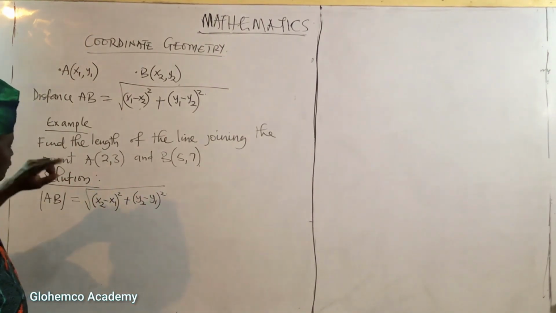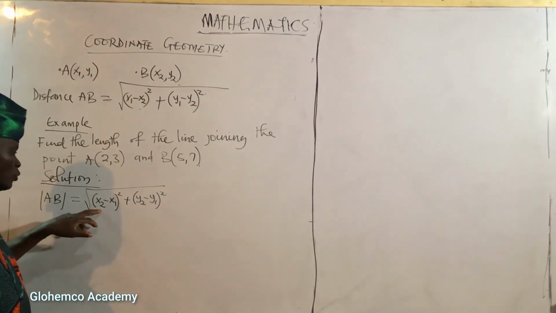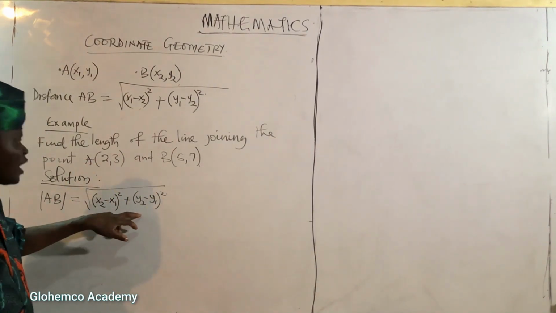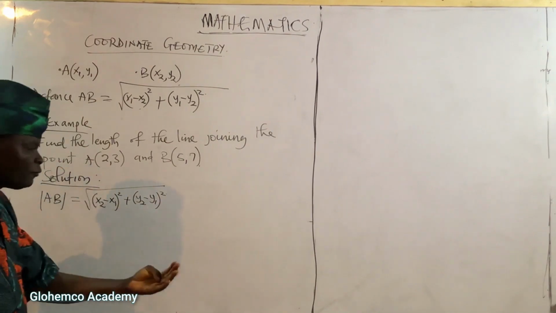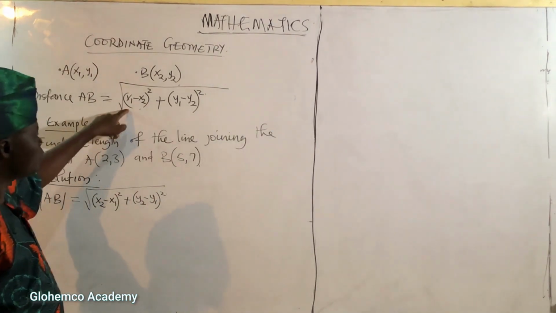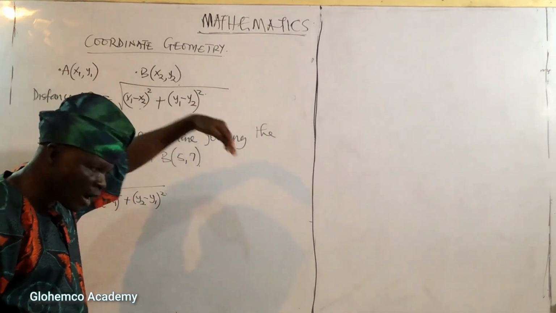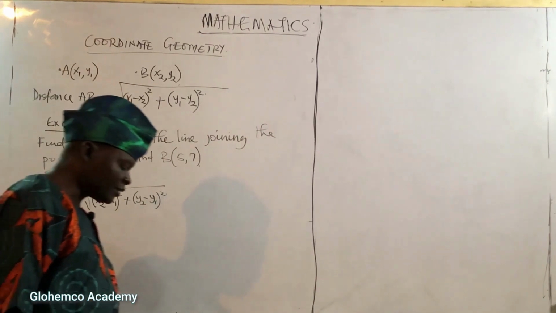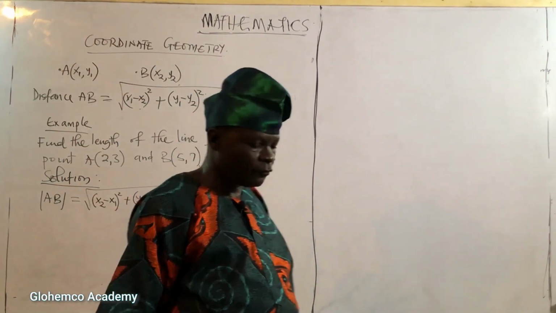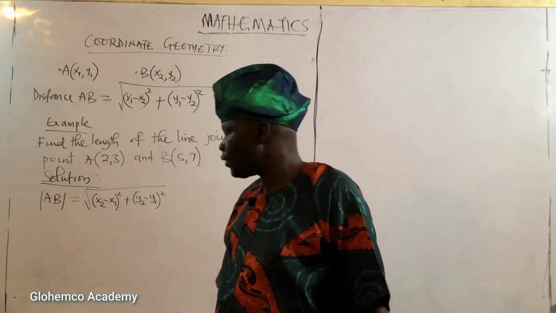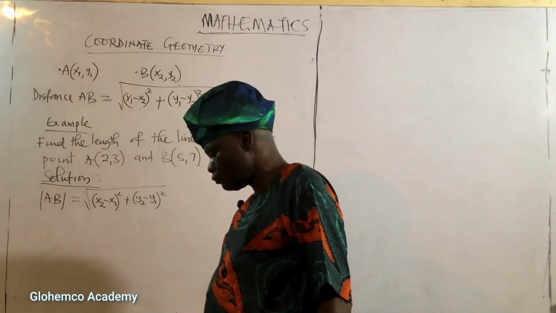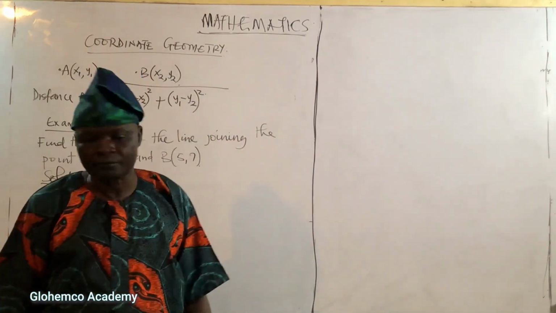And once you are starting from x2, you will start from y2 as well. If you are starting from x1, you will start from y1. These are the conditions for finding the distance between 2 points on a straight line.